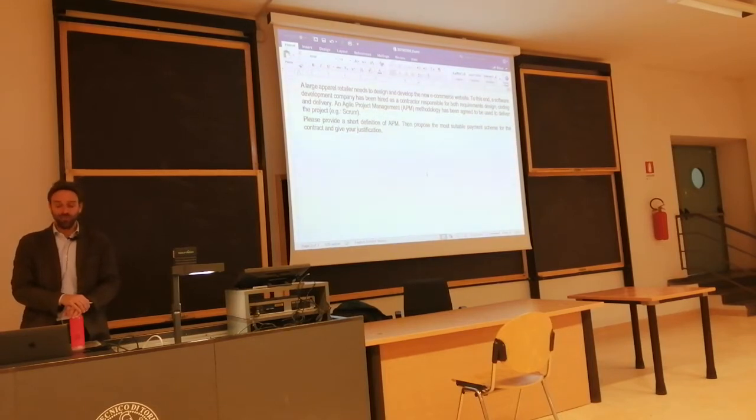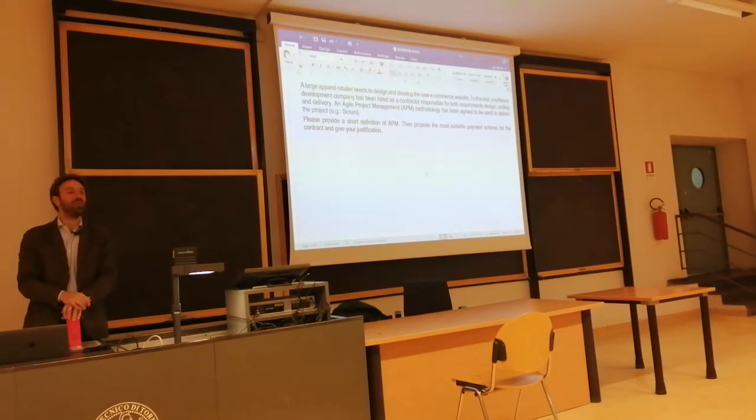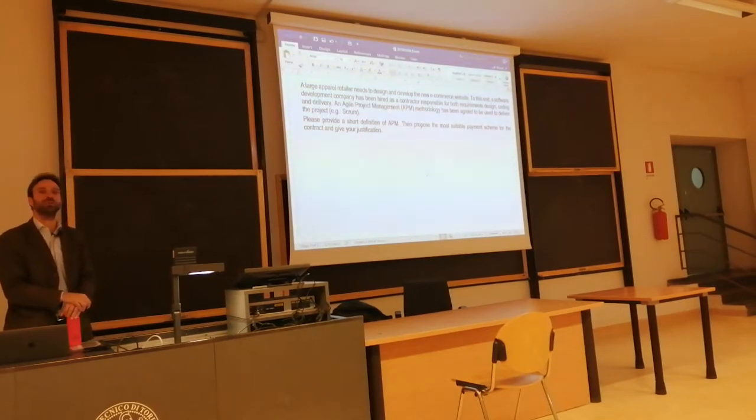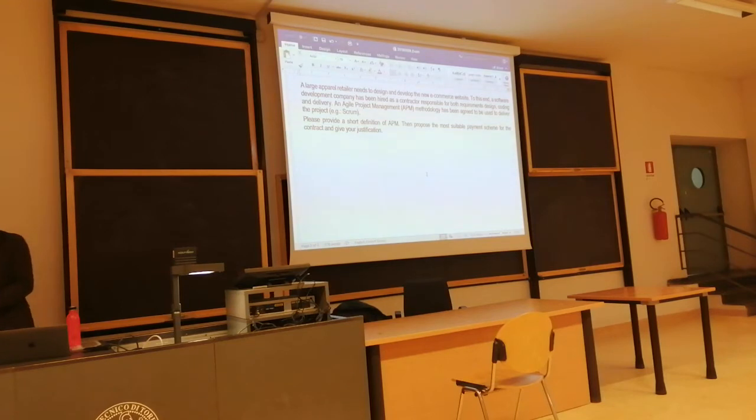An agile project management methodology has been agreed to be used to deliver the project. Please provide a short definition of agile project management in writing, and then propose the most suitable payment scheme for the contract and give your justification.